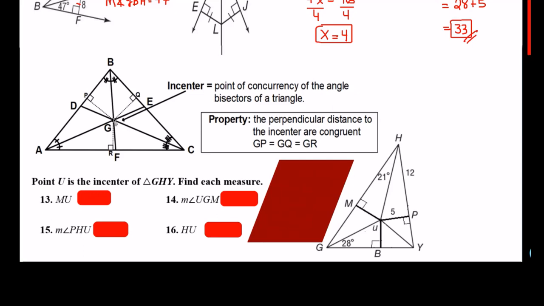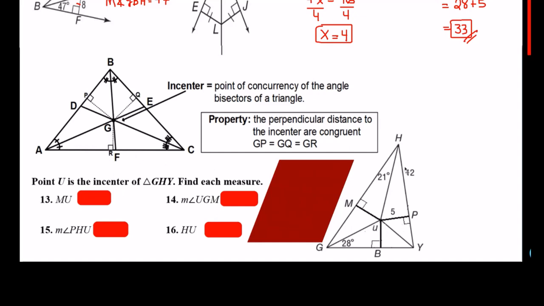This is the perpendicular distance of the incenter to the side of the triangle. The property is that all these distances are the same. They are congruent. So whenever you have an incenter, the perpendicular distance is congruent.